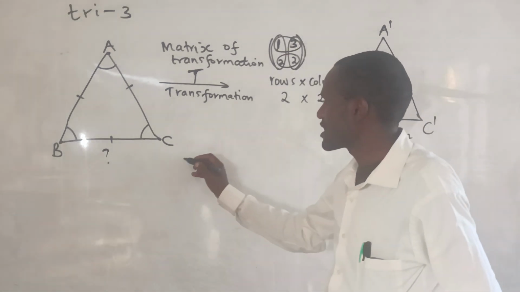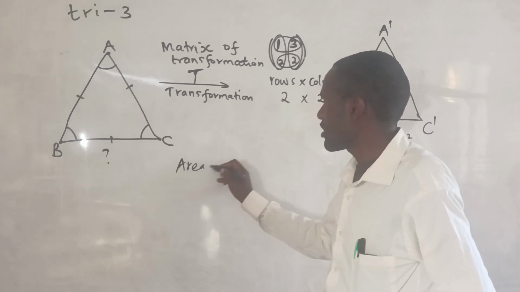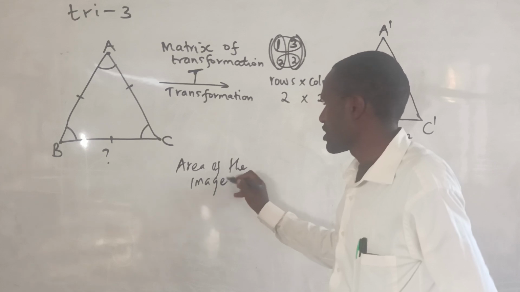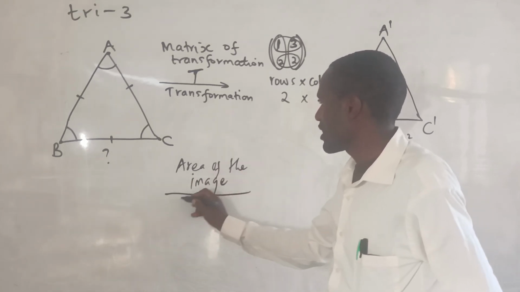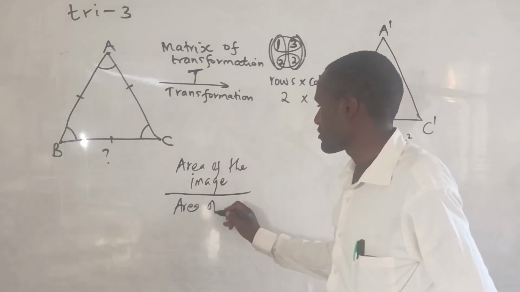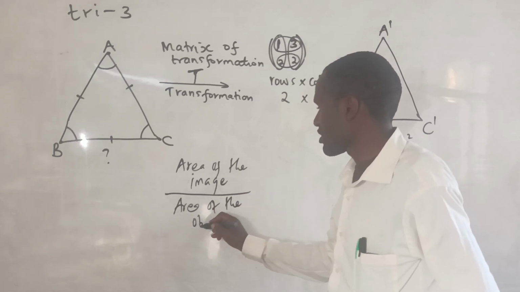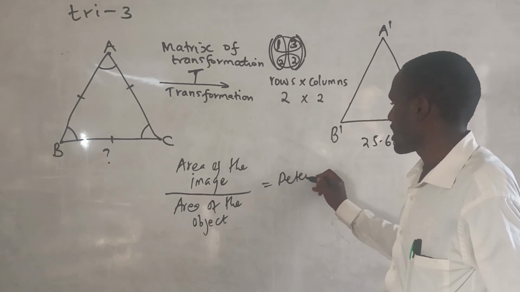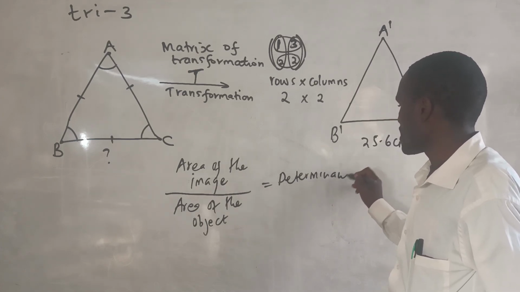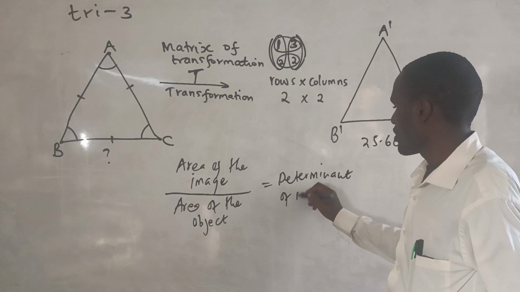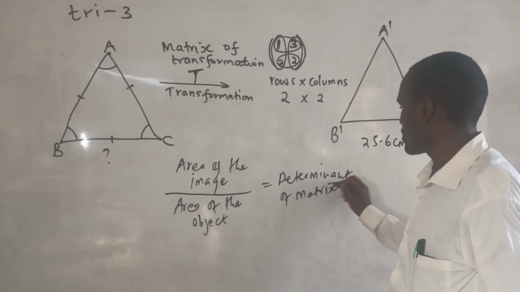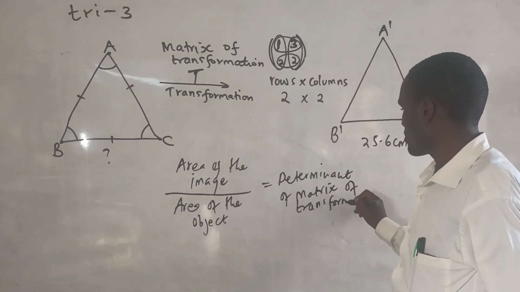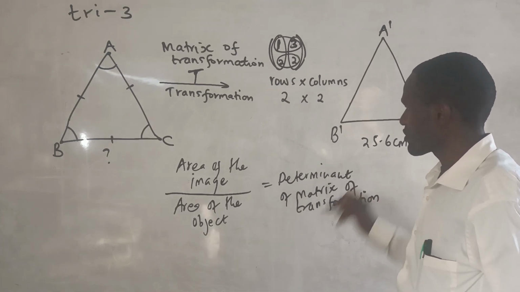We know very well that the area of the image divided by the area of the object must be equal to the determinant of the matrix of transformation.